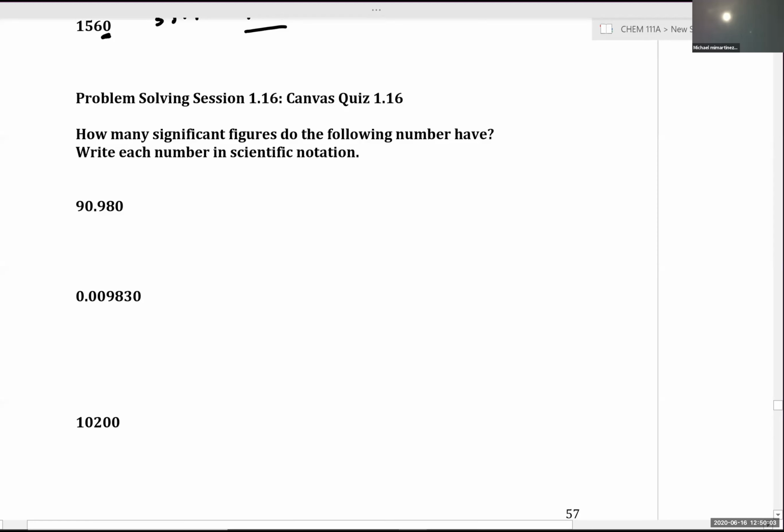Just as I noticed, the problem solving sets are not strictly required to complete and turn in, but they're useful preparation that I would recommend working on. We're already seeing some responses in the chat and on Canvas.